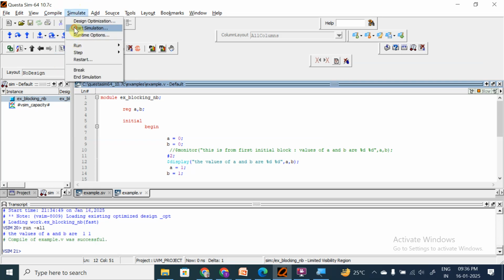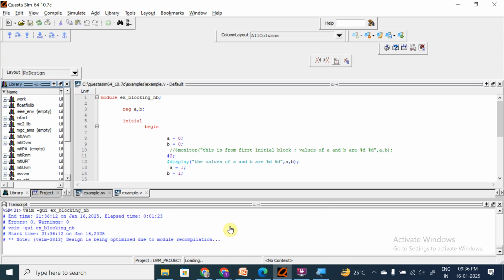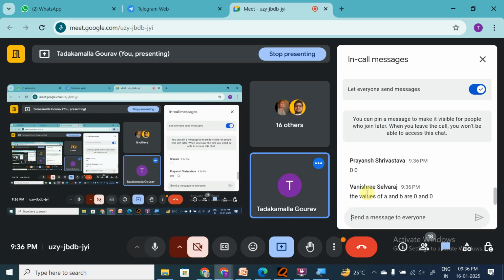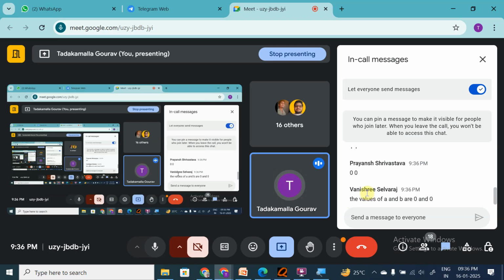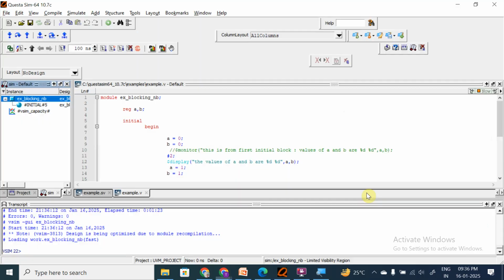I'm introducing some delay. A is equal to 0, B is equal to 0. #2, I'm using my $display. A is equal to 1, B is equal to 1. So what may be my values? The values of A and B are 0, 0, 0, 0, 1, 1. Okay, shall we see?